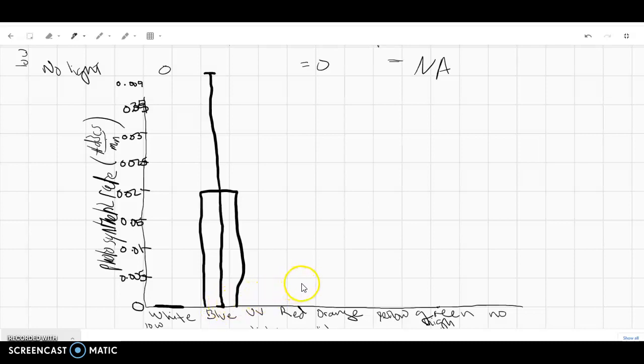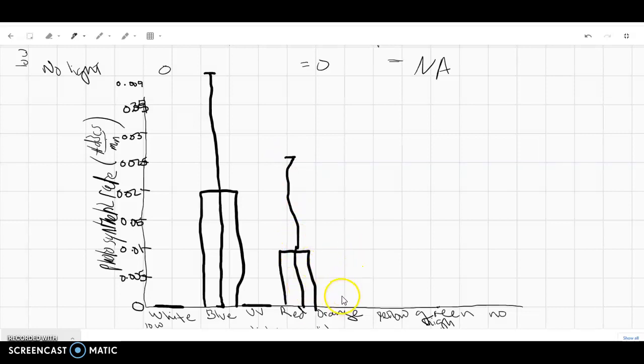UV mean was 0, and it had a standard deviation of 0, so it's going to stay right on the line. Red had a value of 0.01, and its standard deviation was 0.15, so we're going to draw up that level to 0.026 up here, and then we'll draw down that level.